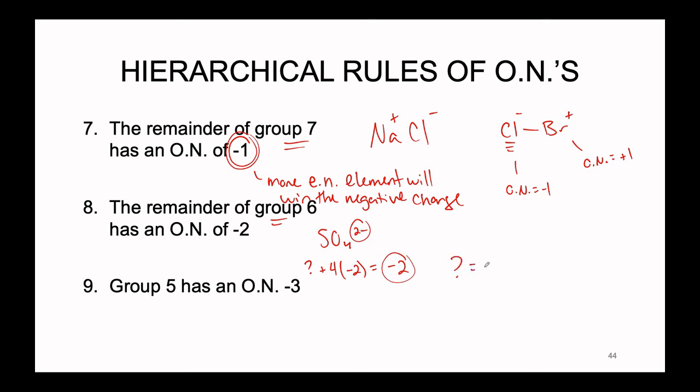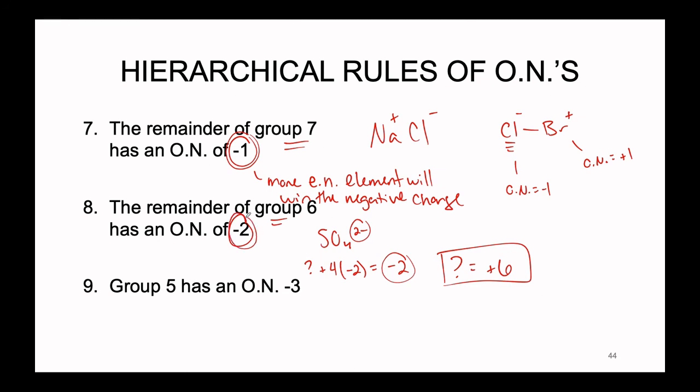Our question mark is going to equal +6. This oxidation number equaling +6 is really far away from -2, and this is actually what helps to define for us why it is that sulfate is a species that will readily undergo redox reactions. You see, the further away an element is from its stable oxidation number, the more reactive it's going to be.